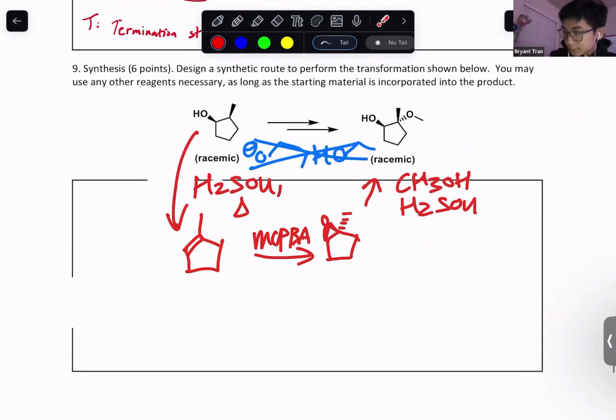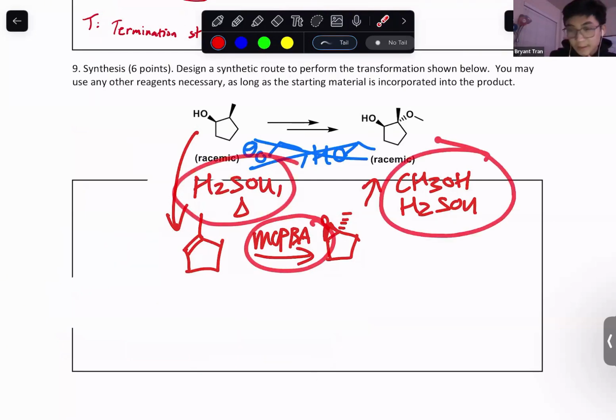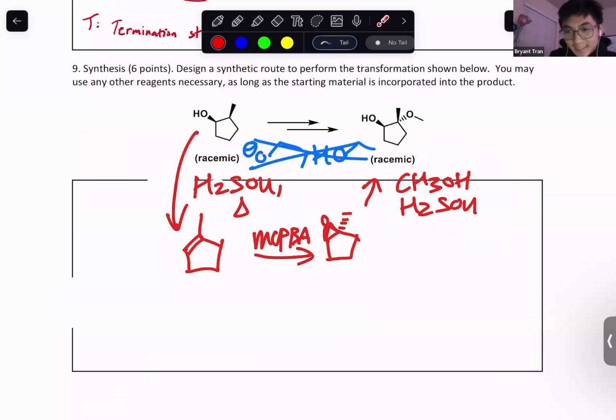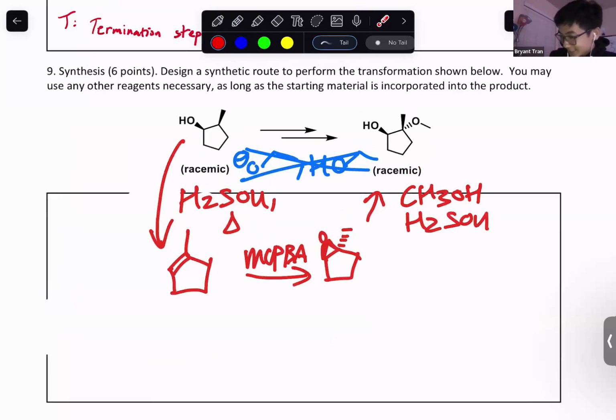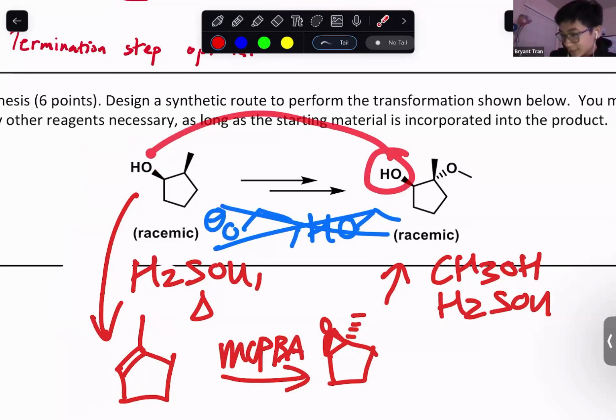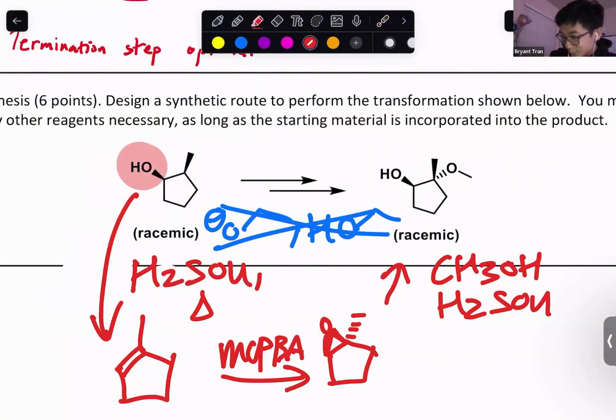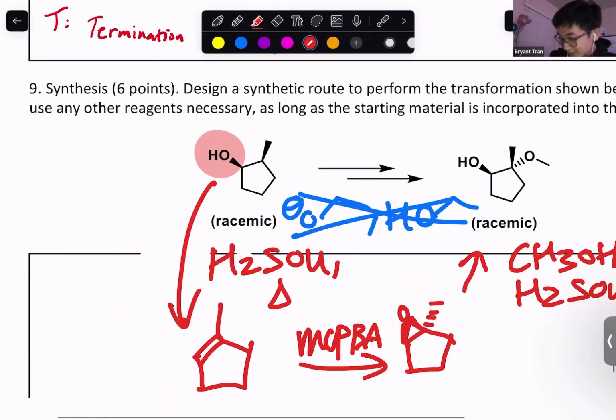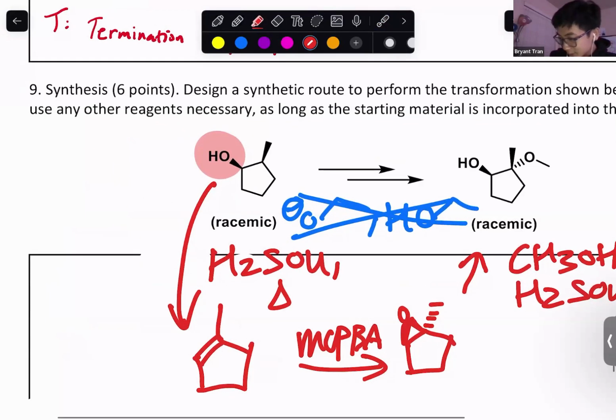Okay. So first step, alcohol dehydration. Second step, epoxidation. Third step, opening up the epoxide in acidic conditions. Oh yeah, this OH is deceptive here because this OH is not the same OH as that OH right there. If I highlight this OH in red, that OH is going to be here as a side product.